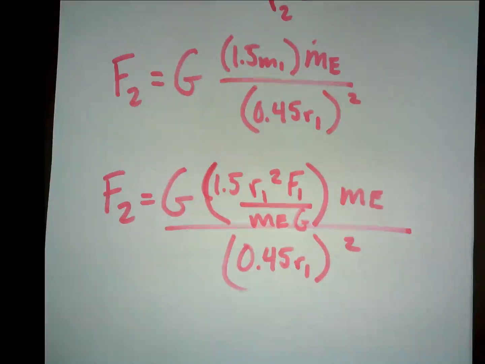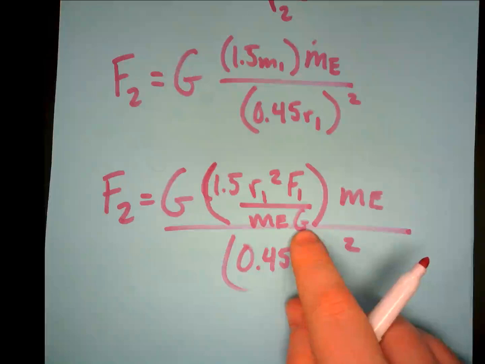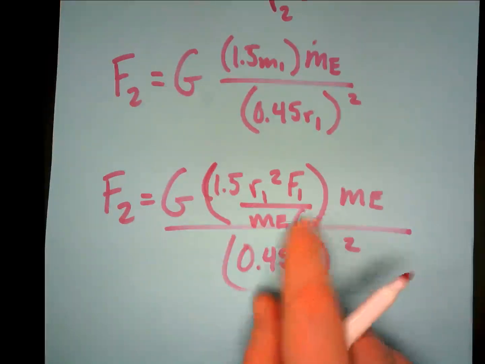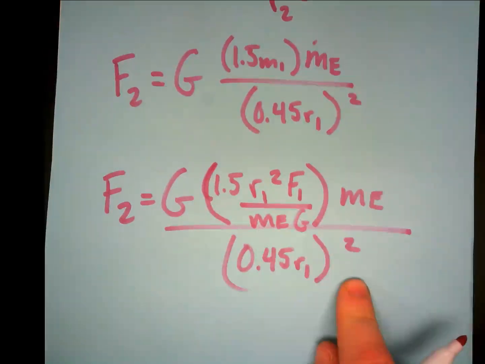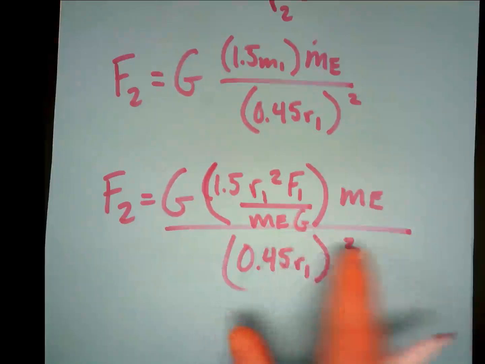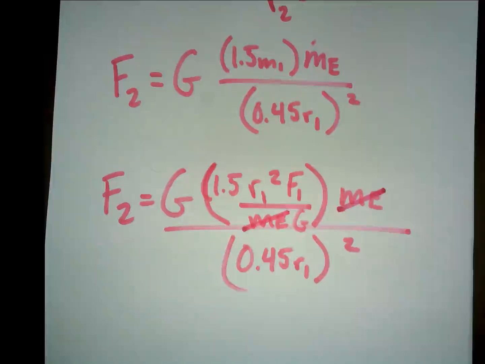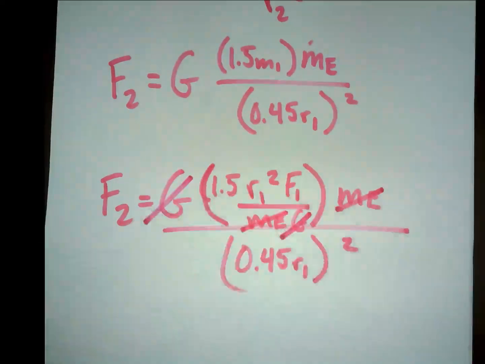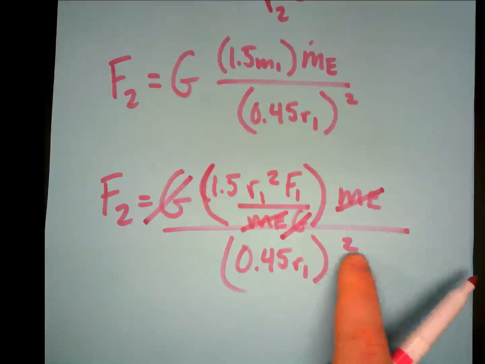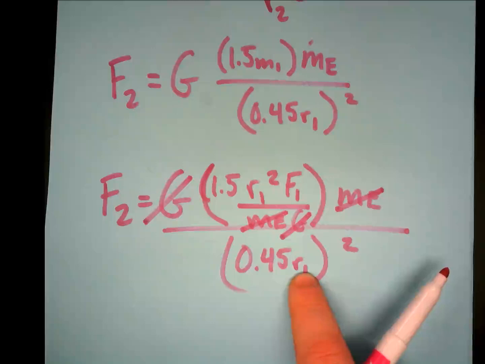Let's see what we can do. If I'm looking at this, this is a denominator, so ultimately this would just be thrown down here anyway. So it looks like I can actually start canceling things out already. ME divided by ME is just 1, so we can get rid of that. G and G will cancel out. And what's actually really cool is we can factor this in.